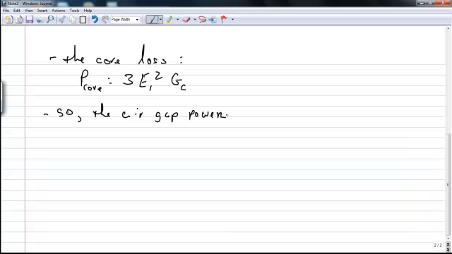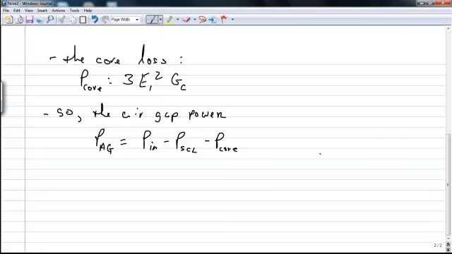This is the gap between the stator and the rotor. So we will express this P AG, and this would be equal to the input power minus the stator copper losses minus the core losses. That's how much power makes it into the air gap.